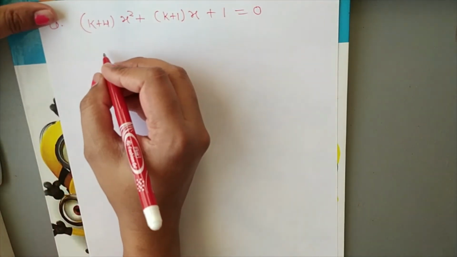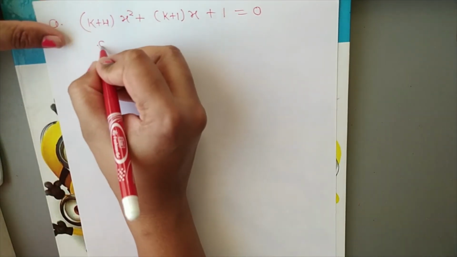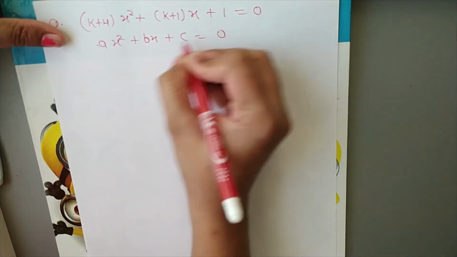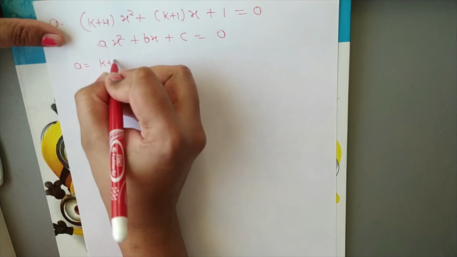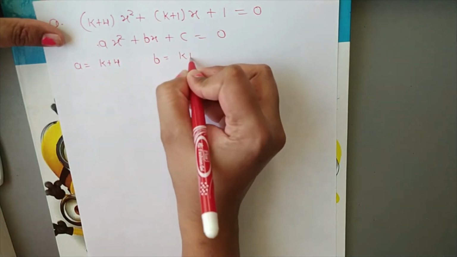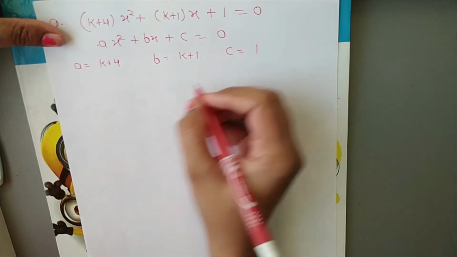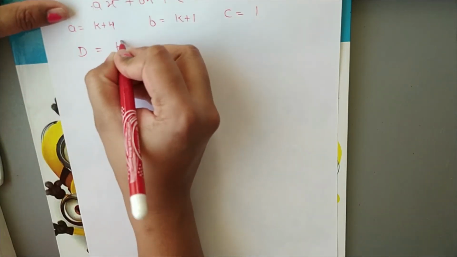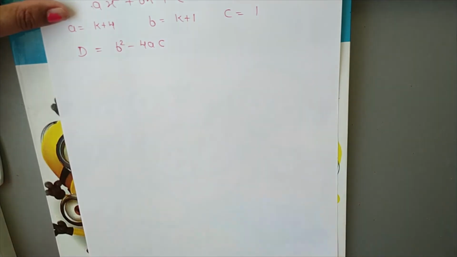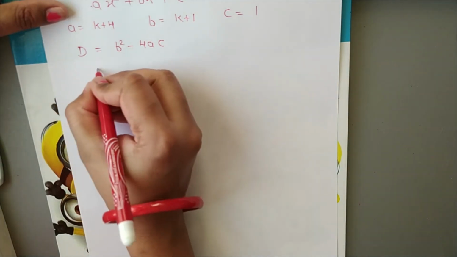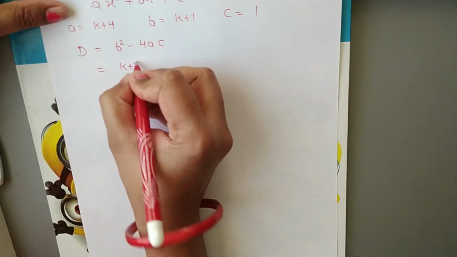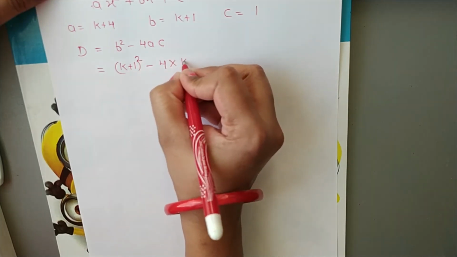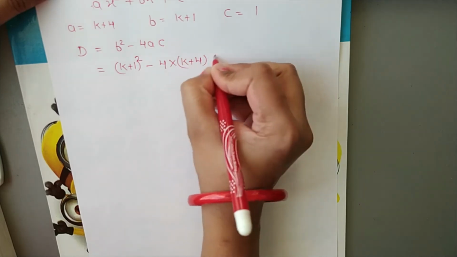So same way we compare with ax square plus bx plus c equals 0. So a is equal to k plus 4, b is equal to k plus 1 and c is equal to 1. Okay, so find the value of D. b square minus 4ac, so (k plus 1) whole square minus 4 into (k plus 4) into 1.